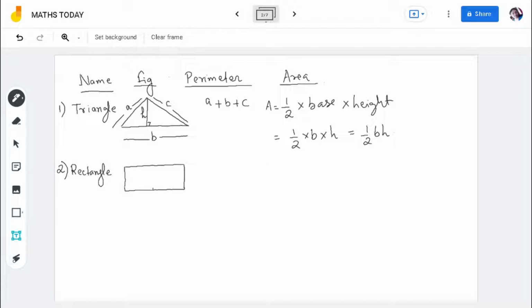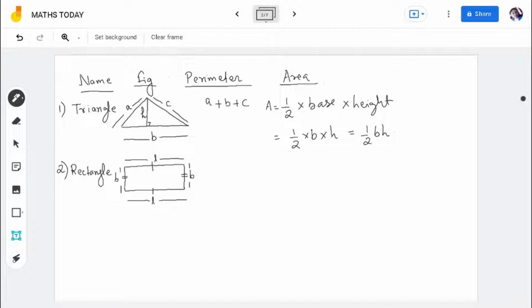These two sides are equal and these two sides are equal. If I take this bigger length as L units and the smaller side as B, the opposite sides are equal, so this side will also be L and this side will also be B.